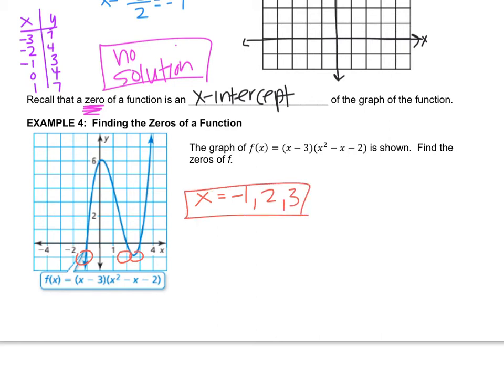Now you could factor this polynomial if you wanted to. Obviously, the first part would give you 3. And if you factor this trinomial into the double bubble, when you got down to the very end, you would get -1 and 2 as the other one. So that's another way to do it.